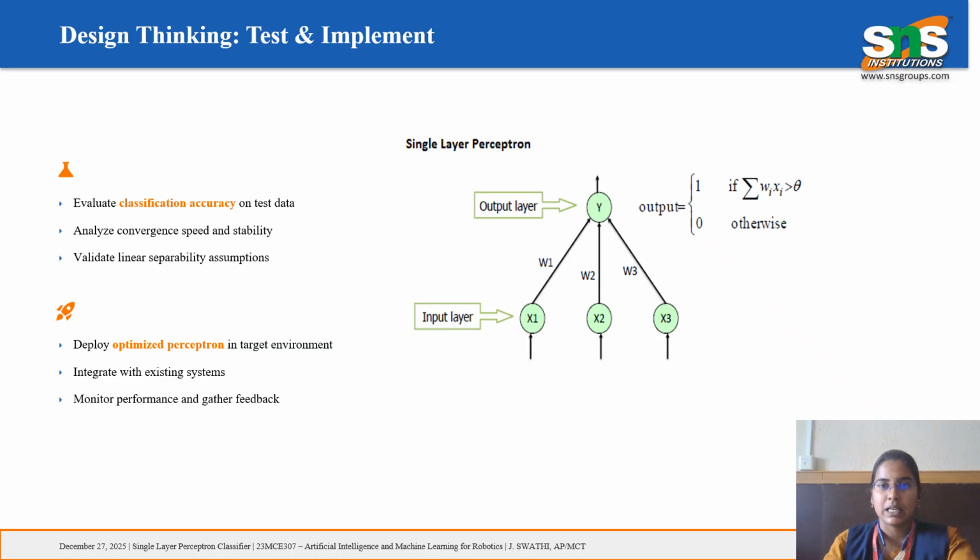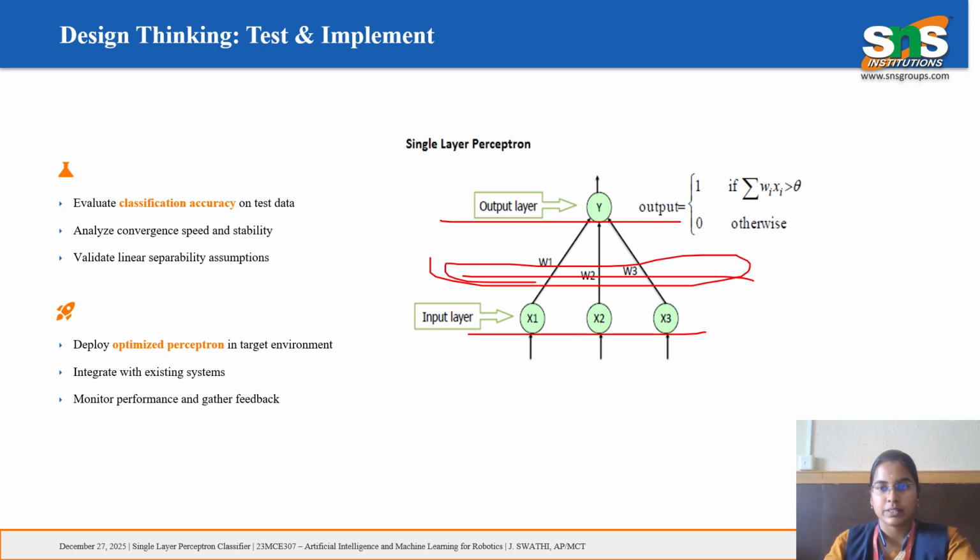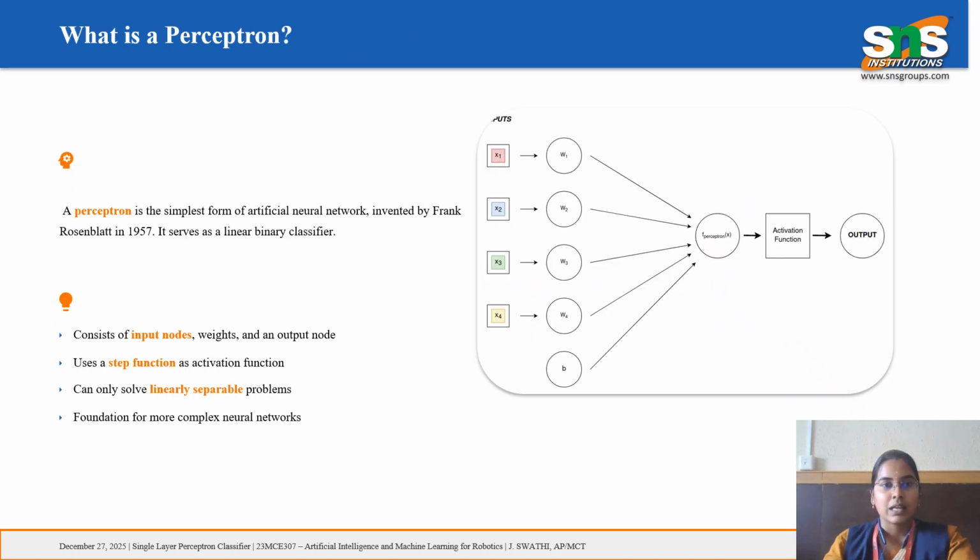And coming to the single layer, we can see input layer, weight, and only output layer. So only one weightage layer will be calculated here. And perceptron is nothing but the simplest form of artificial neural network, and it was invented to serve as a linear binary classifier.